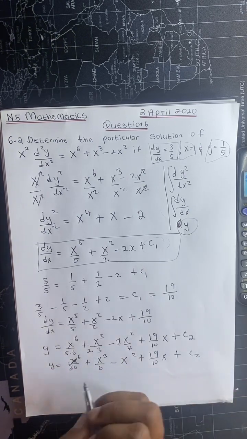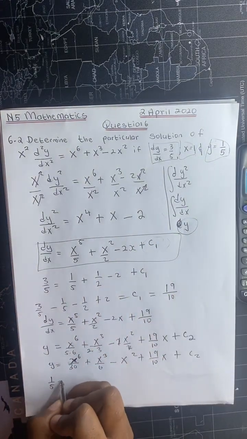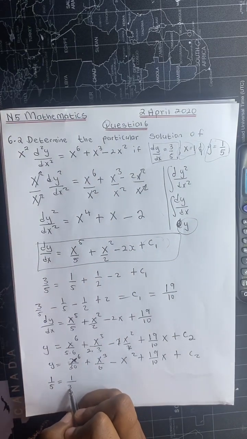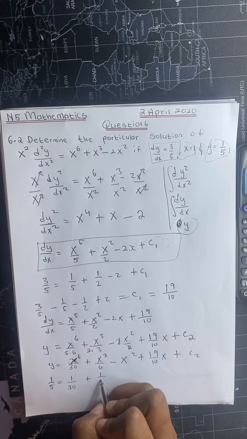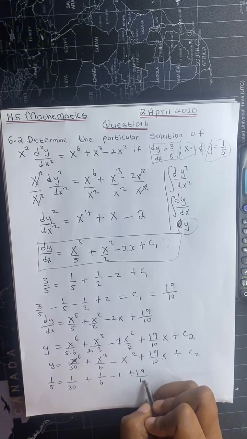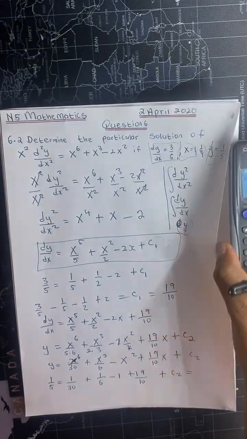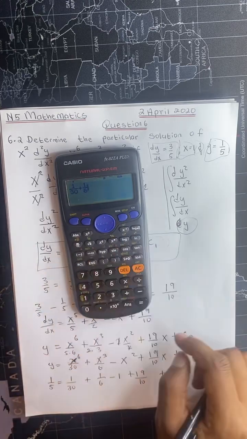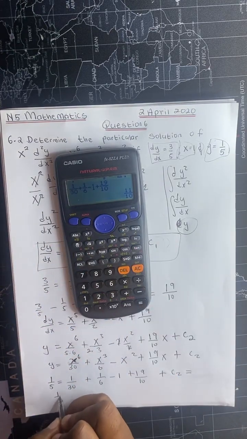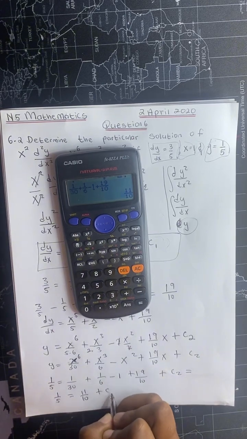So we substitute. Where there is y, we substitute that 1 over 5. And again, where there is x, we substitute 1. So this will be 1 over 30 plus 1 over 6 minus 1 plus 19 over 10 plus c2. So 1 over 30 plus 1 over 6 minus 1 plus 19 over 10 will be equal to 11 over 10, so we'll have 1 over 5 is equal to 11 over 10 plus c2.